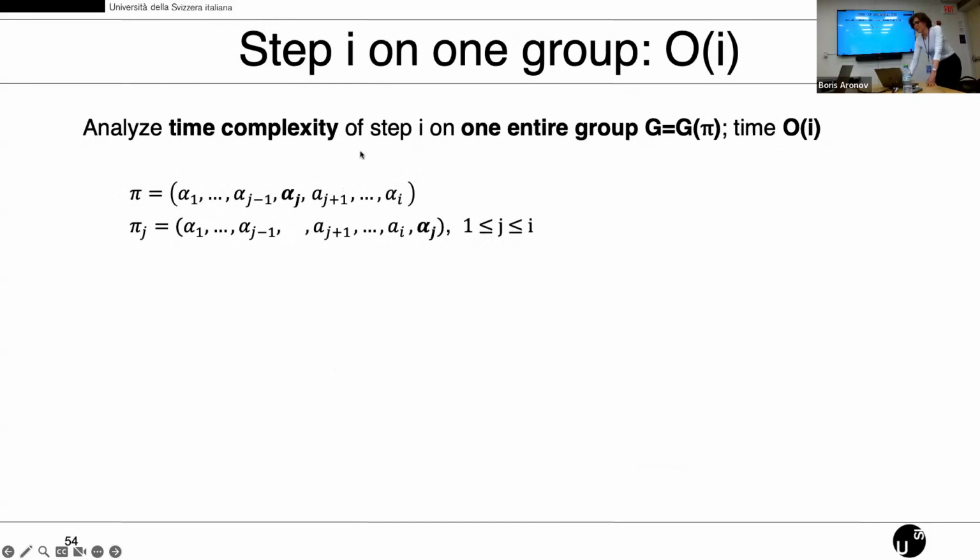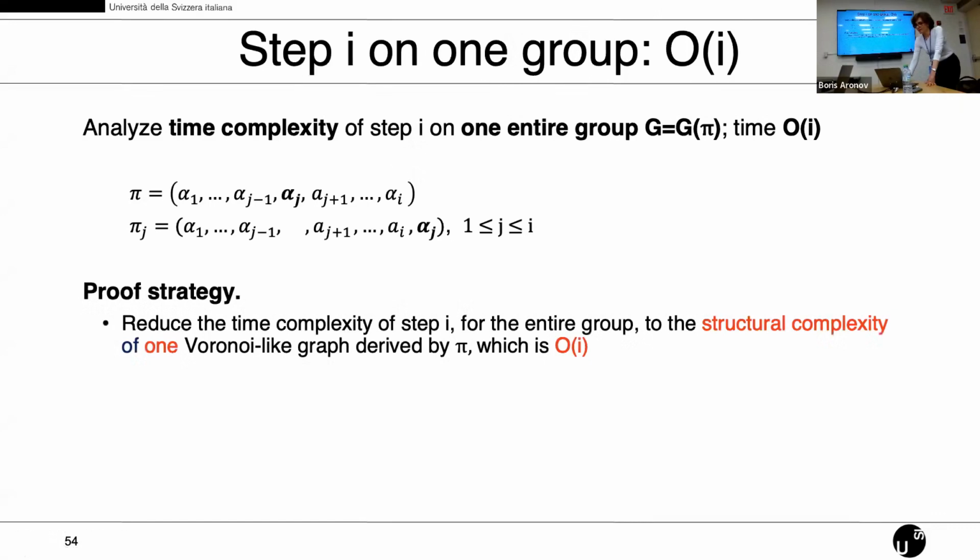So we analyze the time complexity of step i on one entire group instead of one permutation. The strategy we use is to reduce the time complexity of step i for the entire group to the structural complexity of one Voronoi-like graph derived by our base permutation.